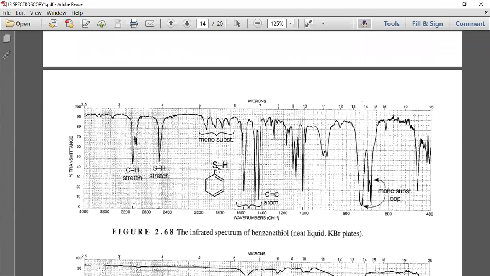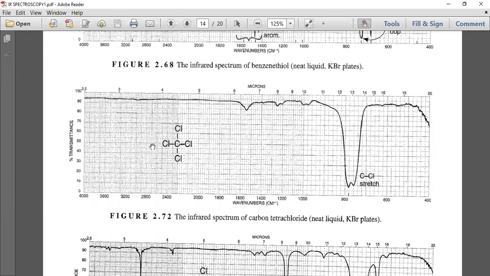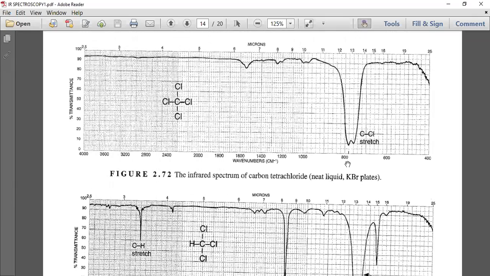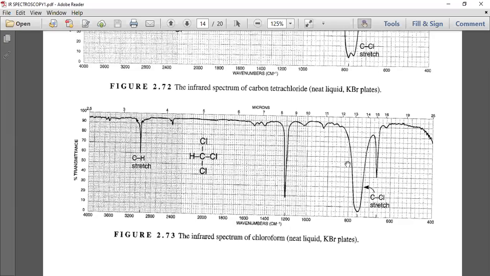Another important point is thiols. Thiols will also give their characteristic absorption peak around 2500 centimeter inverse. The SH bond will appear at 2500. Halogens generally appear less than 1000. So you just go for them, okay?